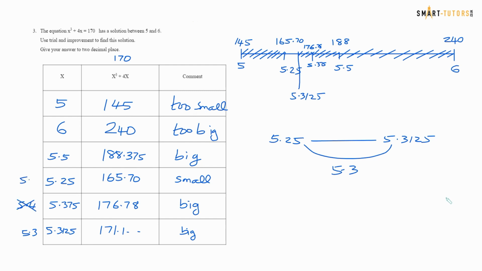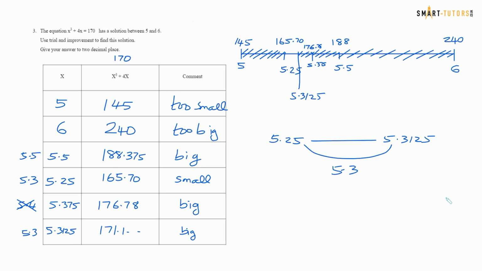So the answer we are going to take is 5.3. They're asking for 2 decimal places, which is good to know.